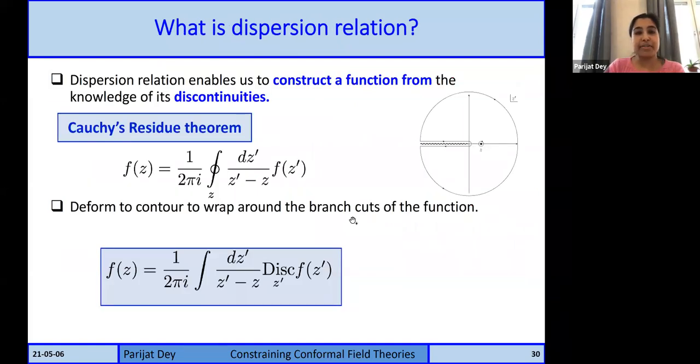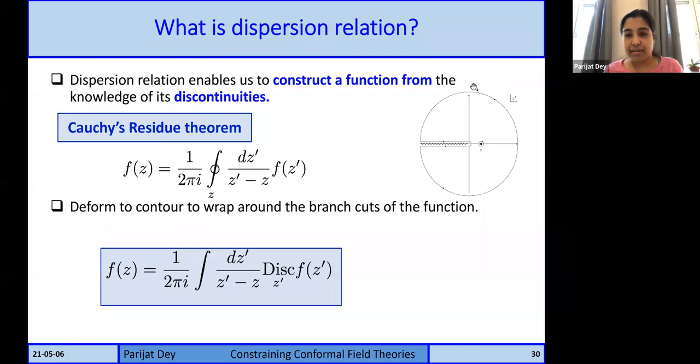So what is the dispersion relation? The dispersion relation enables us to construct a function from the knowledge of its discontinuity. This is based on Cauchy's residue theorem. Suppose we have a function f of z, and the idea is that we write this function f of z as the residue of its pole.